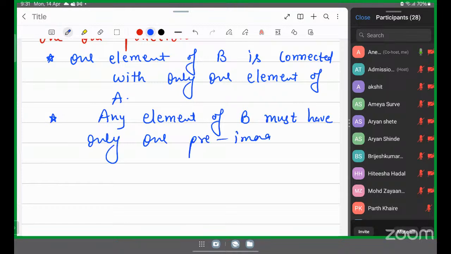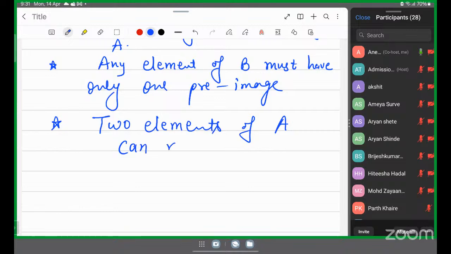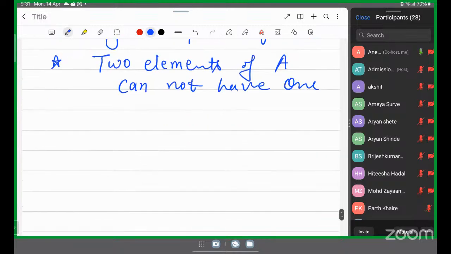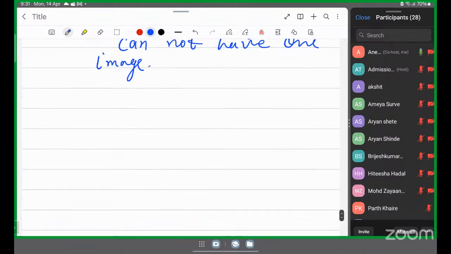Or it can also be stated as two elements of set A cannot have one image. So this type of function will be one-one.